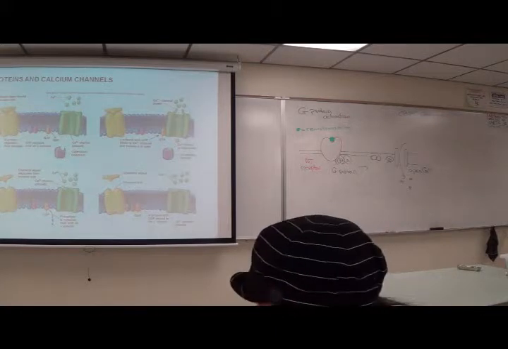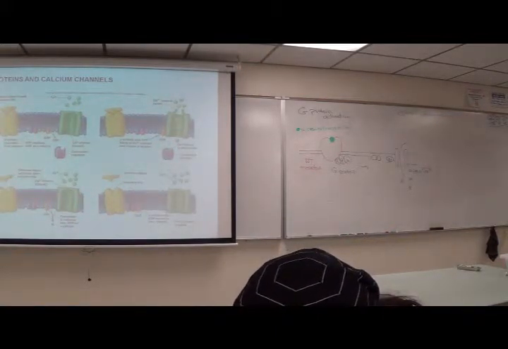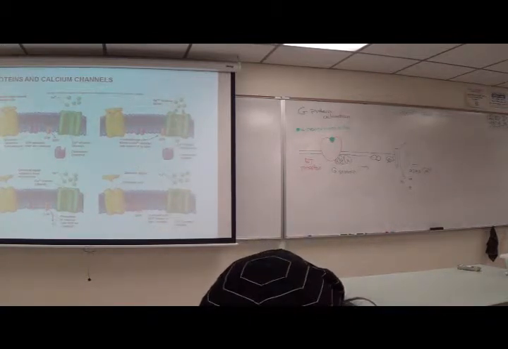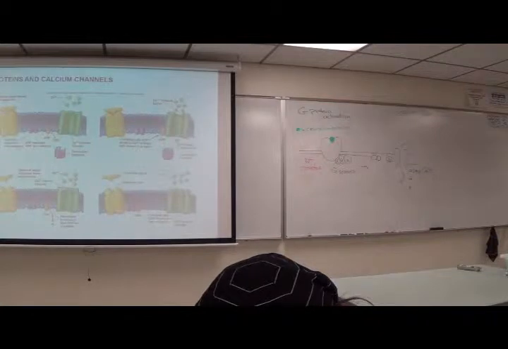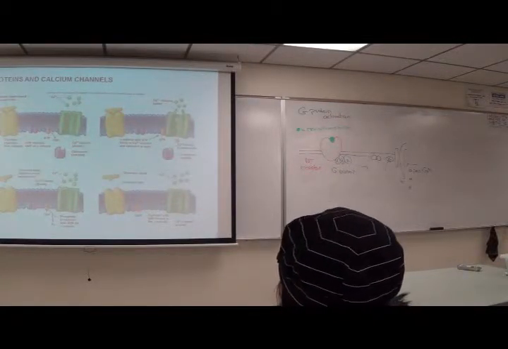Now for hormones, this is not the last step, all right? For hormones, the calcium binds to another molecule, the calmodulin that you see there, and then it will go on to affect events inside the cell. But we're not going to focus on that as much. So this is not one we'll talk about a whole lot with neurotransmitters.